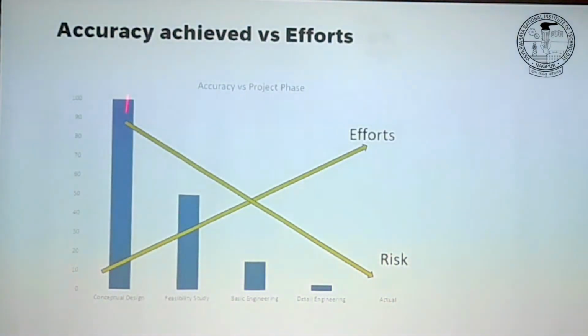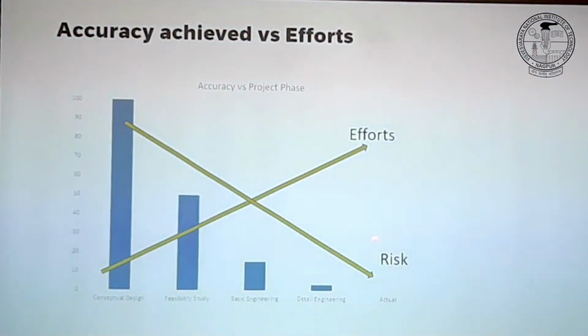Your accuracy is very low, or let's say the plus minus error is high. But as you go in your project life cycle, you start putting in efforts, you define more and more things, your accuracy becomes better and better, so that percentage error reduces.